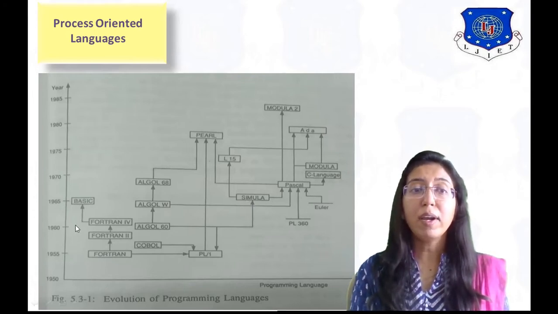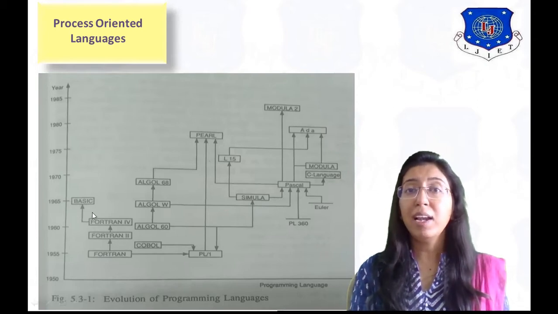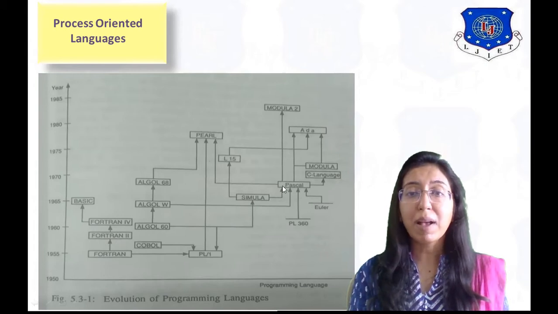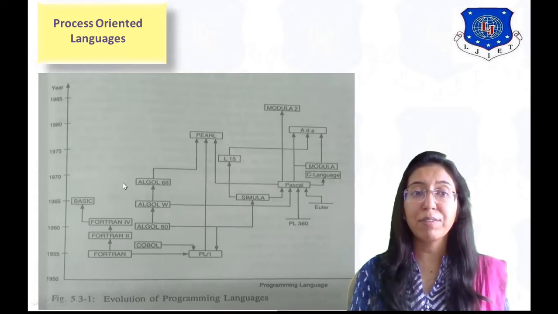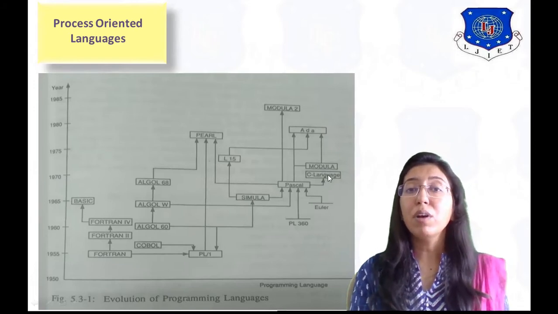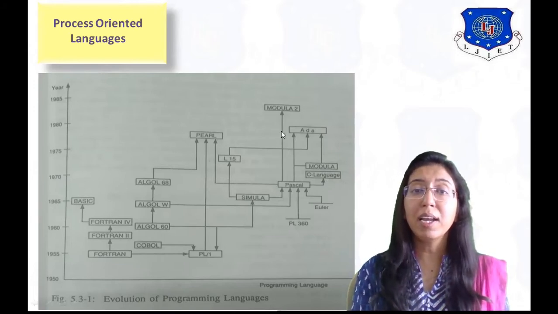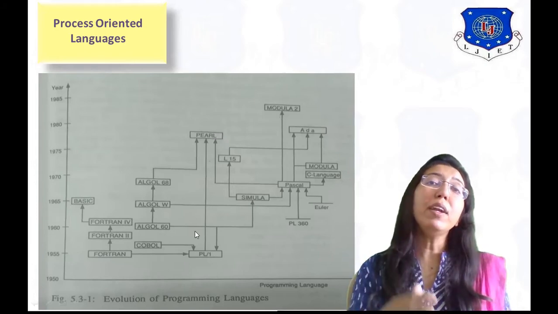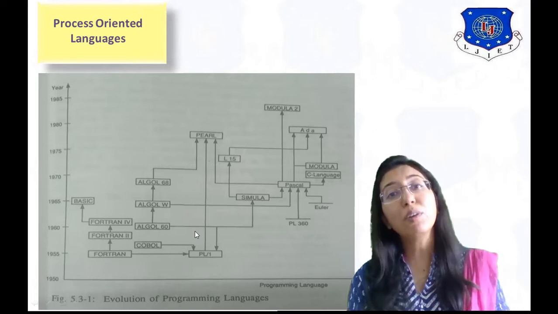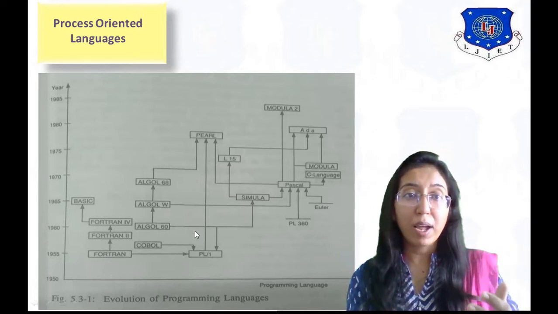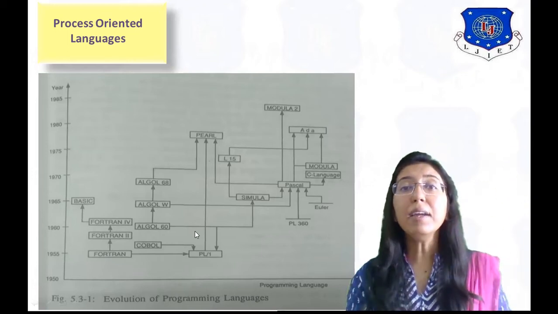So Fortran and Basic are related to each other. Then after Pascal, the C language was introduced after 1970. Then Ada, Pearl, Modula. So different languages were introduced from 1955 to 1985.